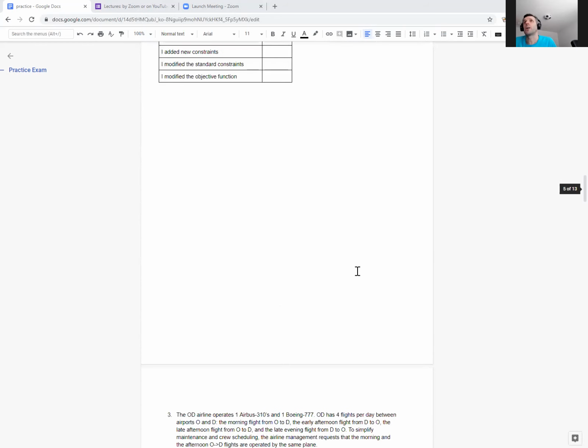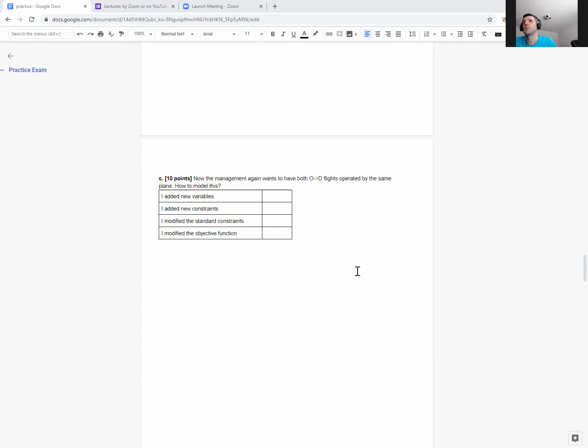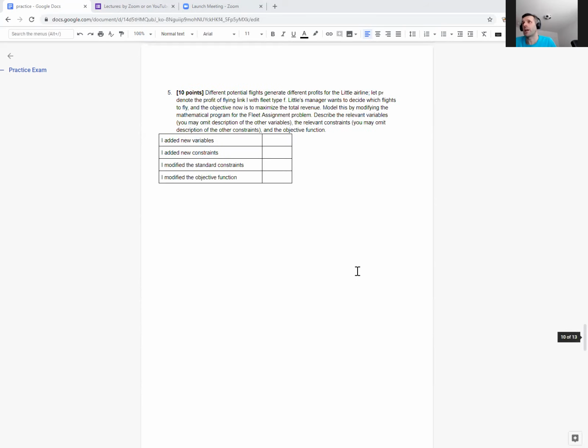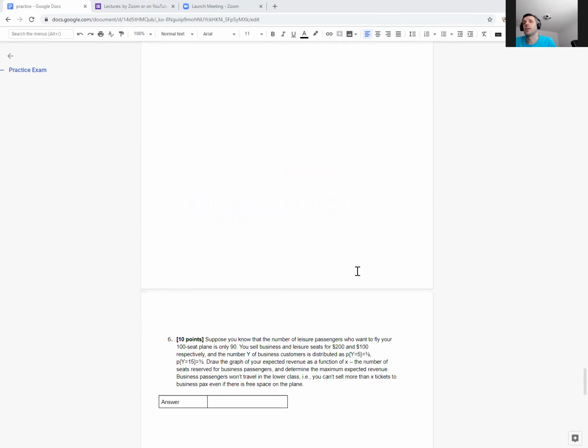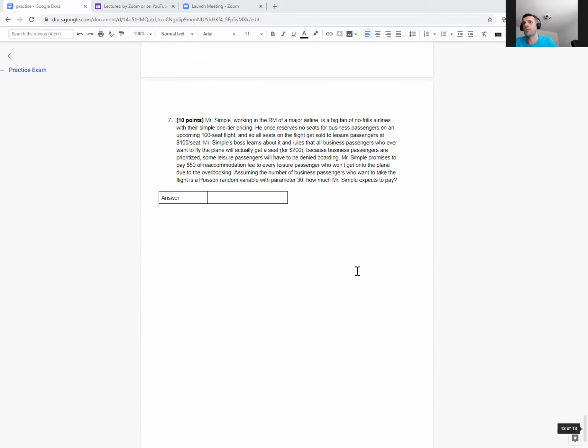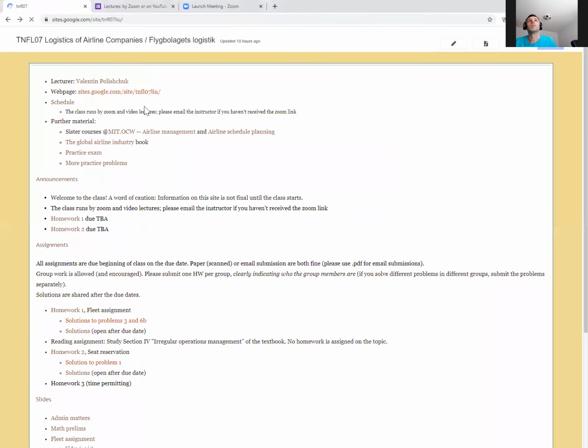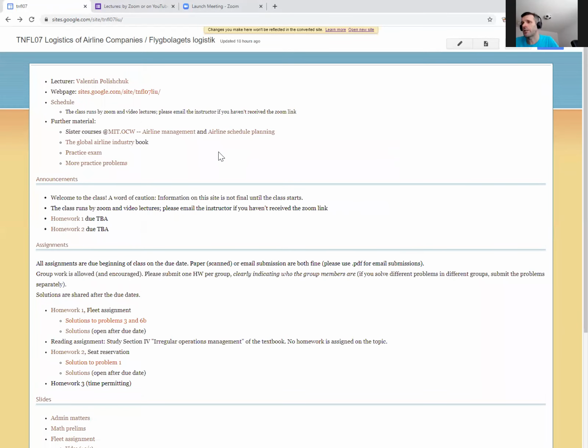Don't worry too much about the content right now. All the problems on the practice exam and the actual exam will be familiar to you if you do the homeworks. So you will have to write approximately the same amount of text, notation, formulas, and other things. And okay, so I'm going back from the practice exam.